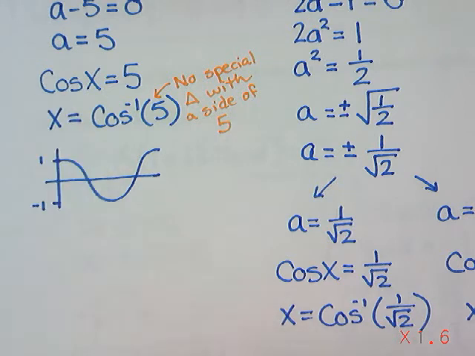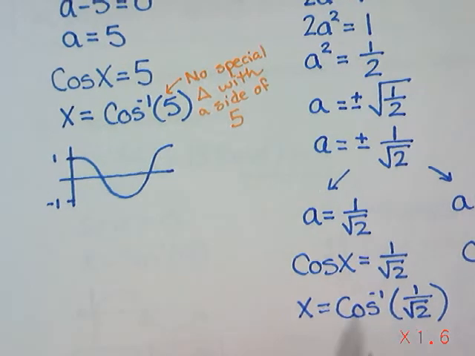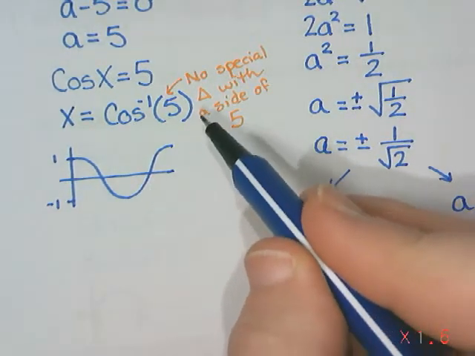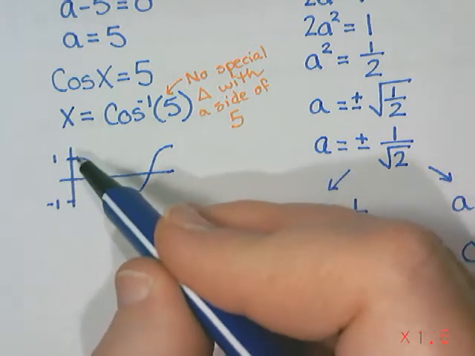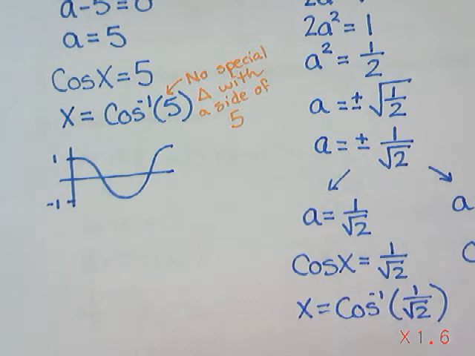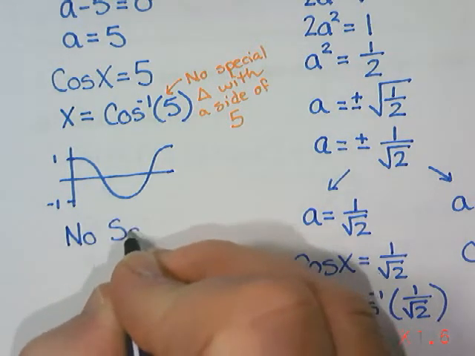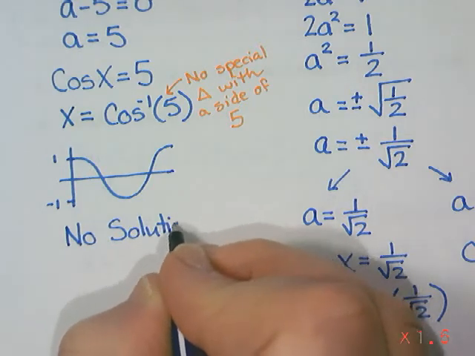If it's any bigger than positive 1 or smaller than negative 1, there actually is no solution. It's not no solution because I don't have a special triangle. It's no solution because the number is higher than the cosine graph goes. So I'm going to say no solution for this part anyways.